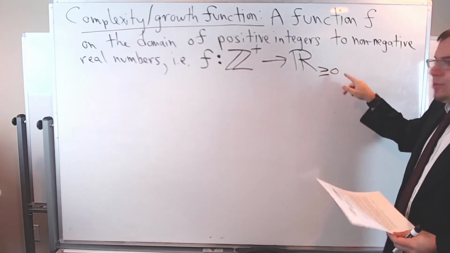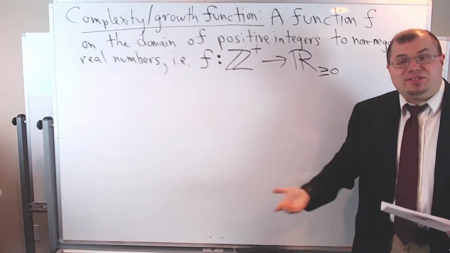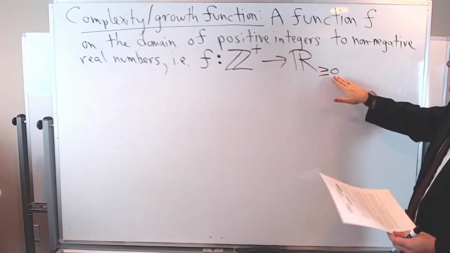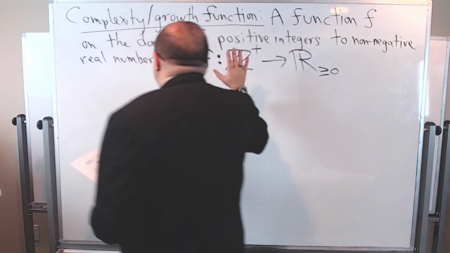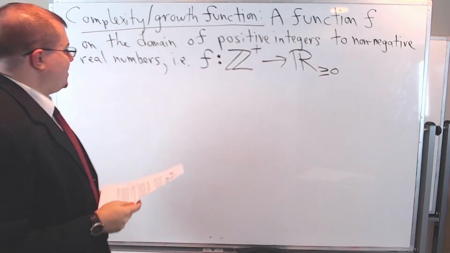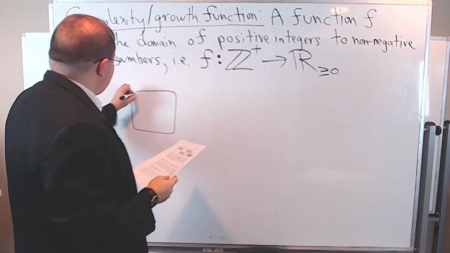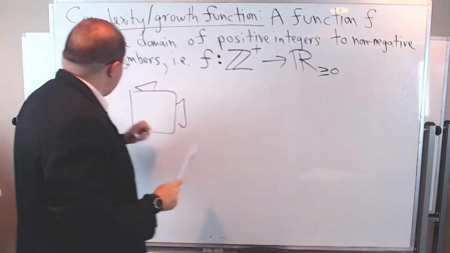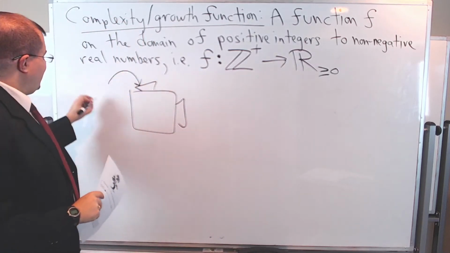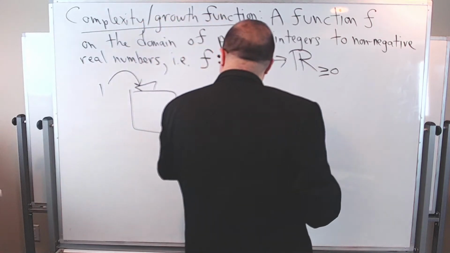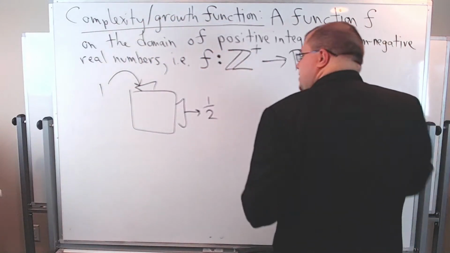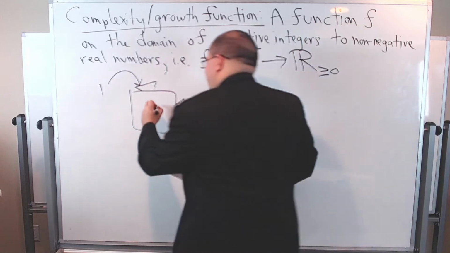This greater than or equal to 0, I'm just using to indicate that it's not negative. So it can be 0 or it could be positive. So I get some integer, I produce out a real number. Just think of my machine. I put in a number like 1, and I can get out a number like 1/2.